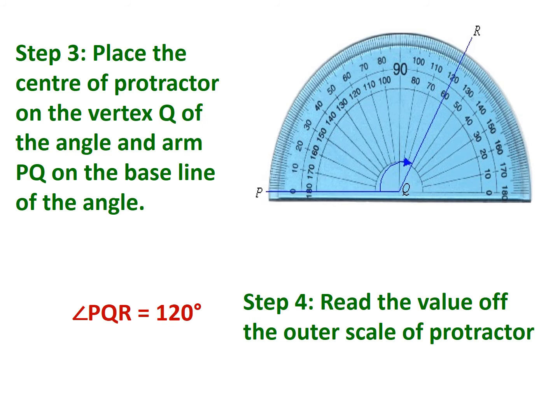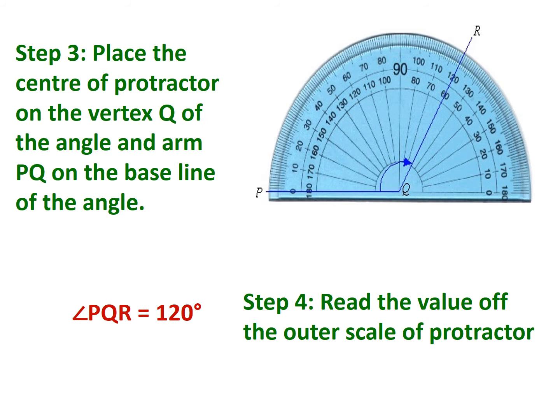We use the outer scale to measure the angle PQR as the arm PQ passes through the zero of the outer scale. This is a very important thing here, you have to notice it.